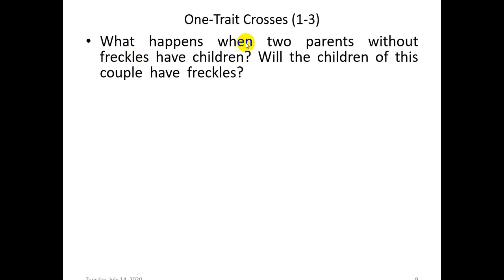So what happens when two parents without freckles have children? Will the children of this couple have freckles? Right, freckles is dominant. So if both of them have no freckle, it is small f, small f, and small f, small f.